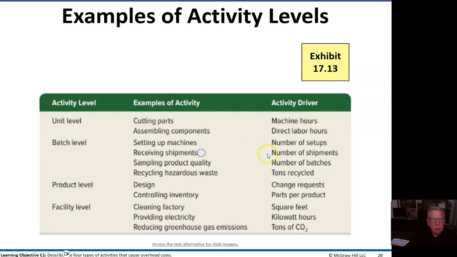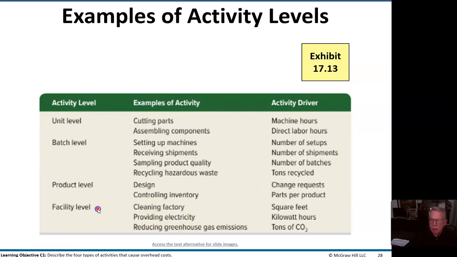Receiving shipments, we might use the number of shipments or the number of receiving documents. Sampling product quality, we might take a look at the number of batches. And then recycling hazardous waste, we would look at maybe the tons recycled. For product level, we have design, and those are change requests that come in. And then controlling inventory, we might have parts per product.